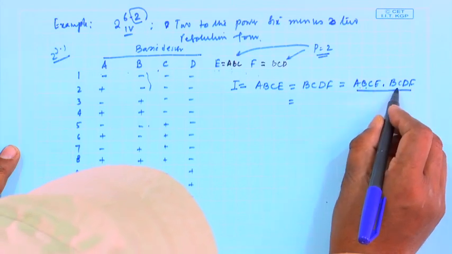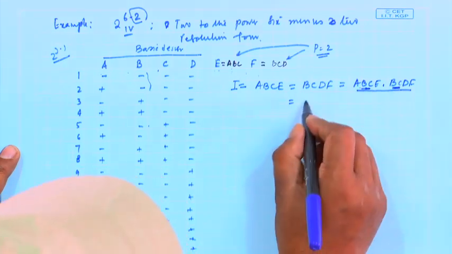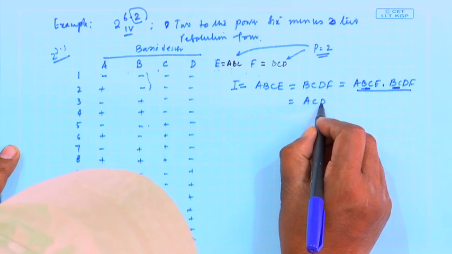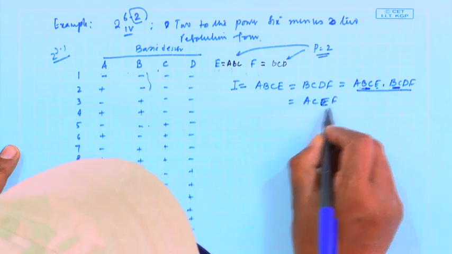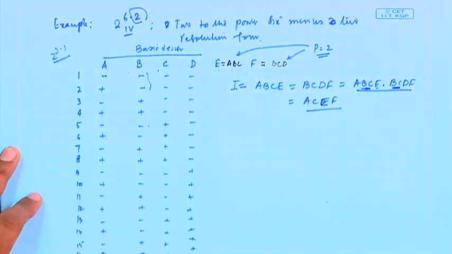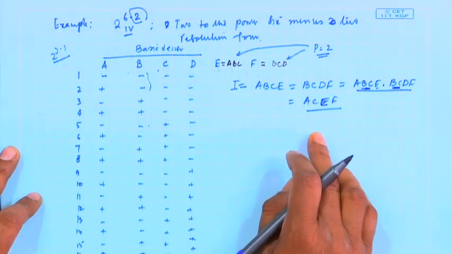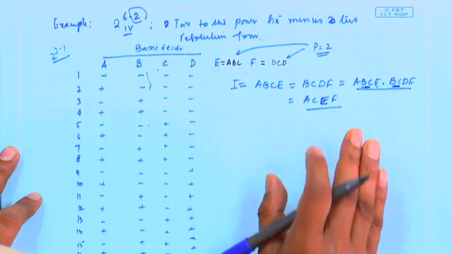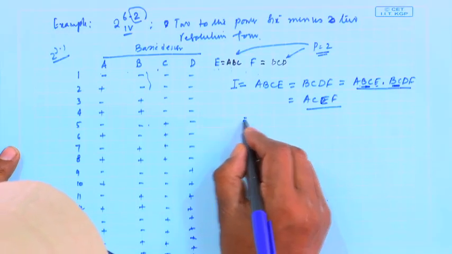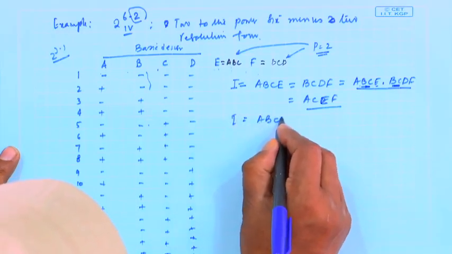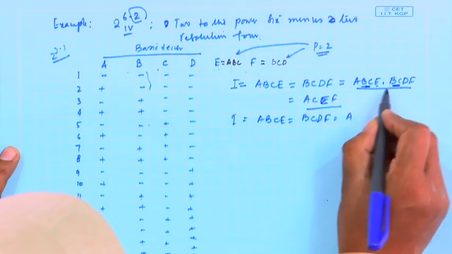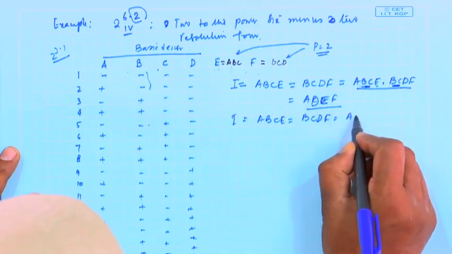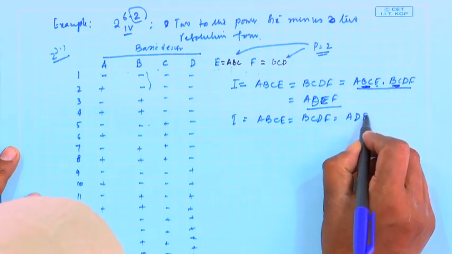B and C will be cancelled, so it will be ADEF. So, that is your defining relation: I equal to ABCE equal to BCDF equal to ADEF.